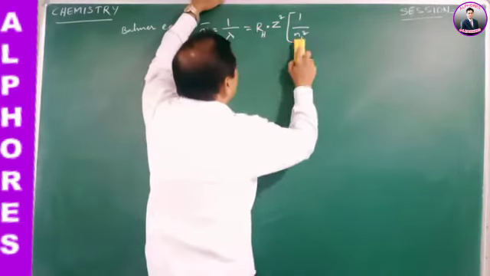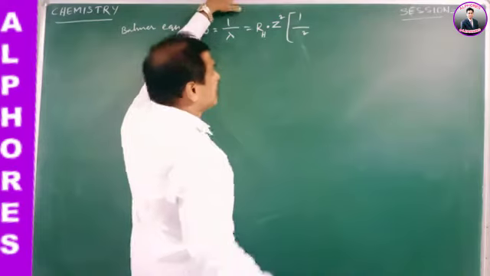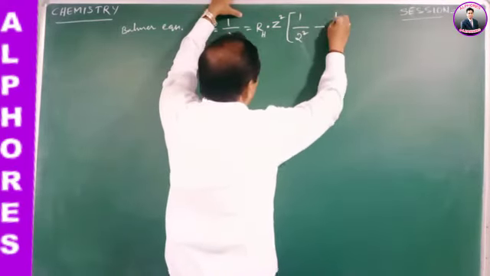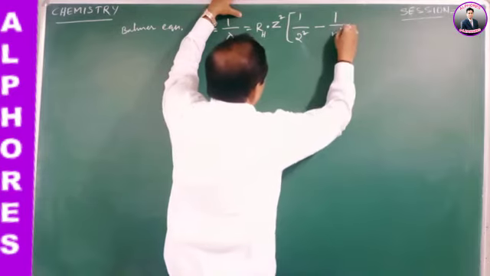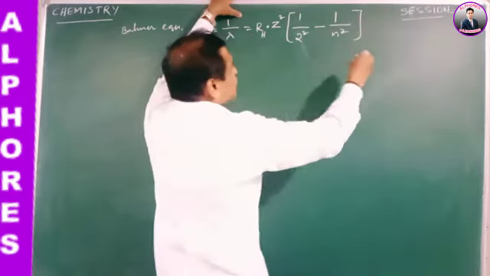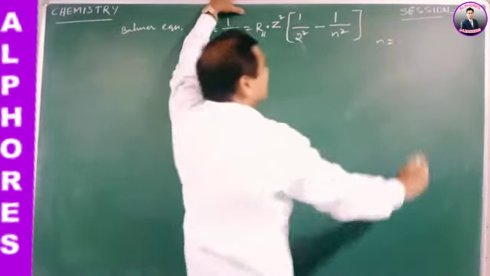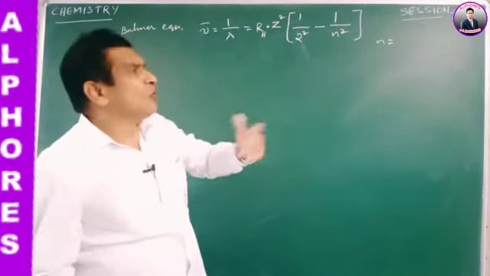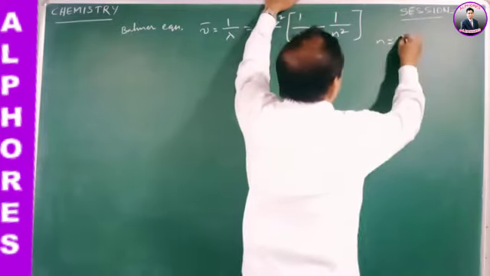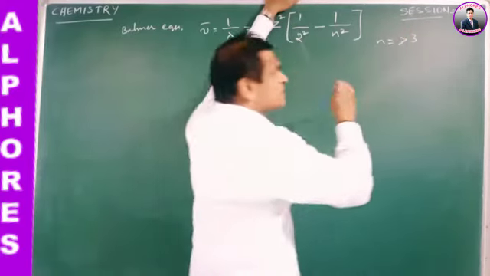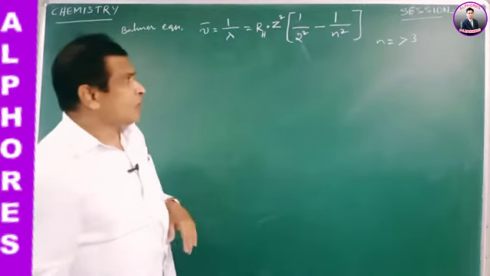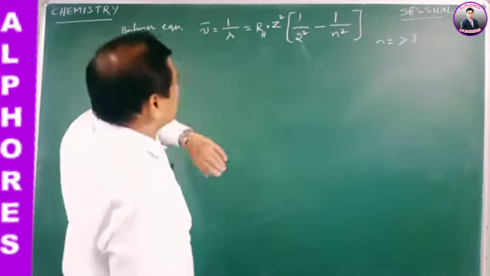Strictly speaking, the Balmer series is formed in the 2nd orbit, that is why it is 2 square, where n is the excited level. The excited levels to the 2nd orbit are 3 and above, so n is greater than or equal to 3; it may be the 3rd, 4th, 5th, 6th orbit, whatever it is. So this is the Balmer equation we can use.